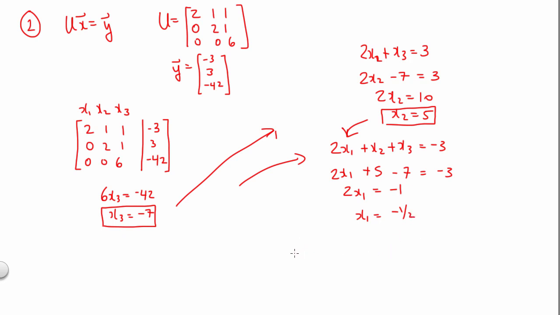And last thing we need to do is just write up our answer in vector form. So the vector x, which was our ultimate quest in this problem, vector x is minus 1/2, 5, negative 7, and that is our final answer.